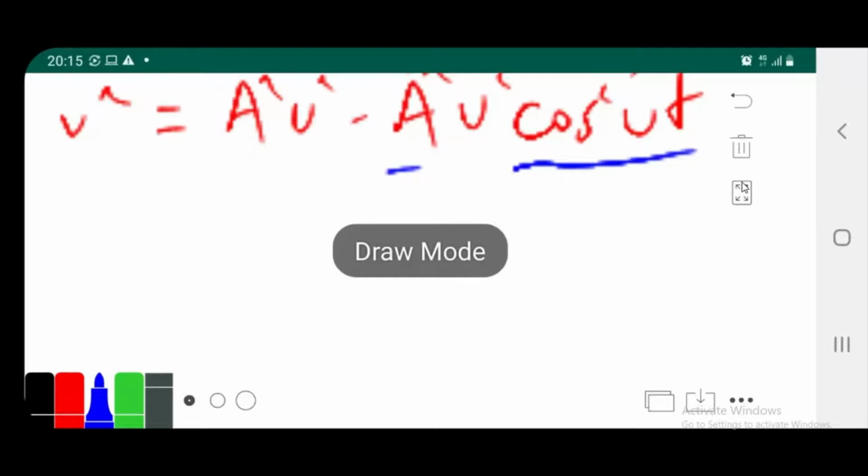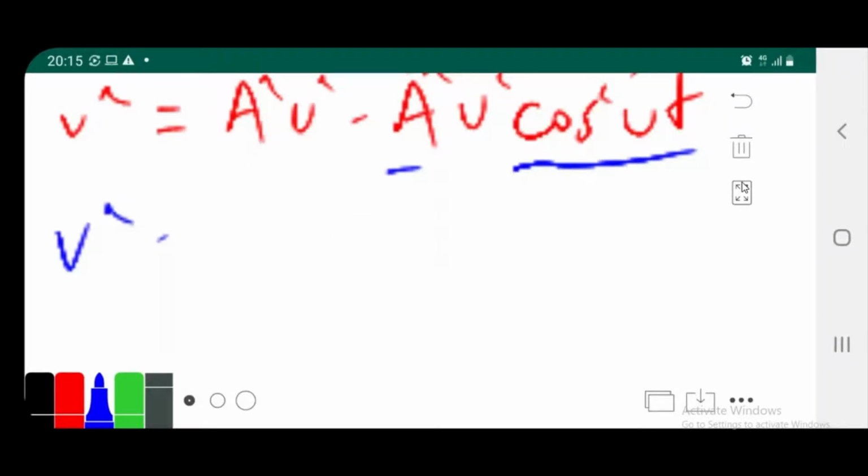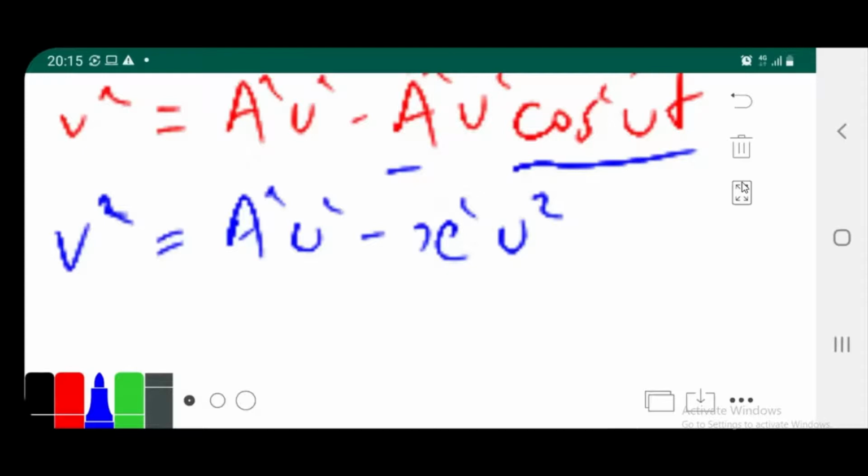And I now get v squared equals a squared omega squared minus x squared omega squared.